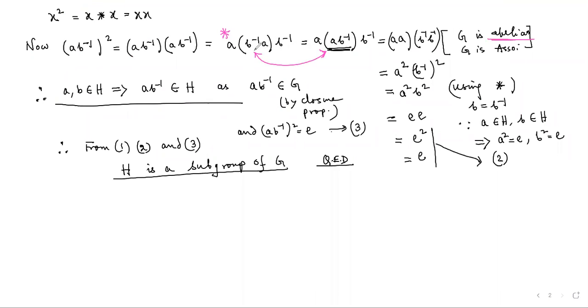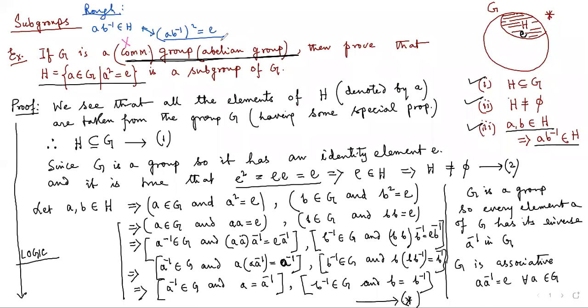Otherwise not. Then we'll be in trouble, and we will not find any way to regroup the things and get to this particular point. Therefore, this particular statement, capital G is commutative, is very important. It is not just a usual statement, it is a very significant statement for this particular problem. So therefore, we must consider this.